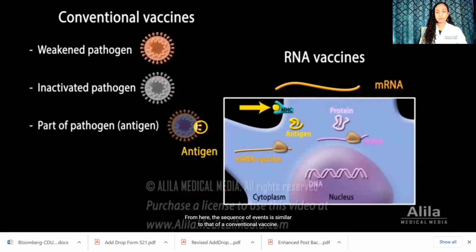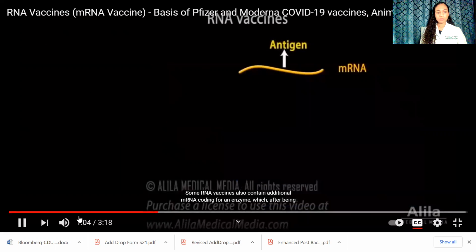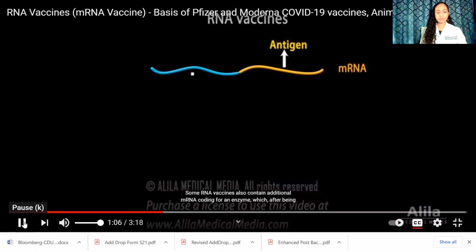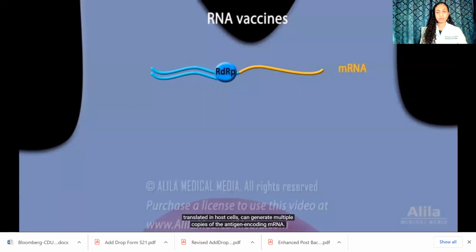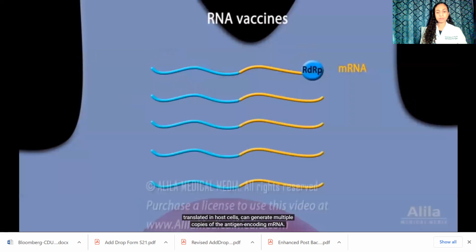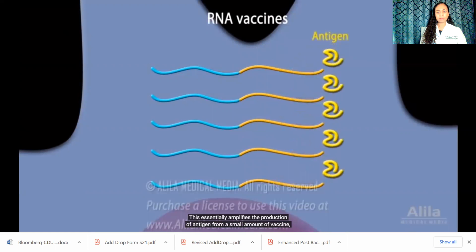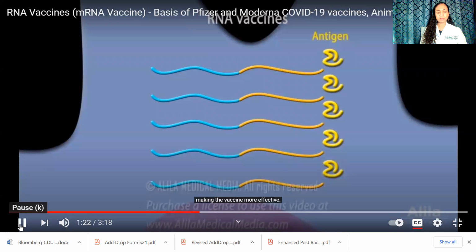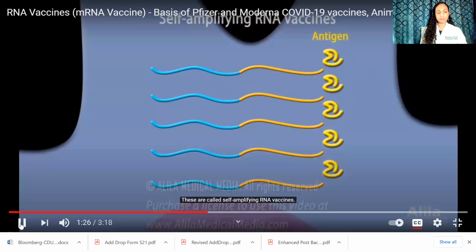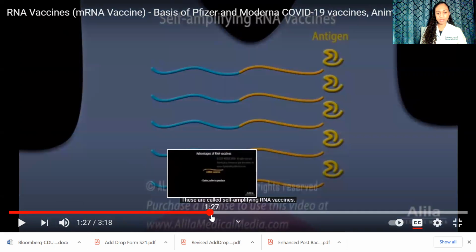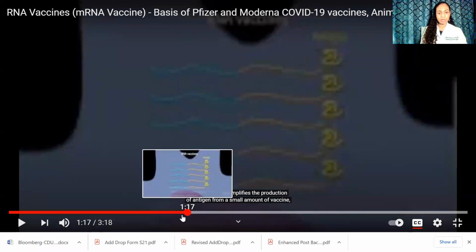From here, the sequence of events is similar to that of a conventional vaccine. Some RNA vaccines also contain additional mRNA coding for an enzyme, which, after being translated in host cells, can generate multiple copies of the antigen encoding mRNA. This essentially amplifies the production of antigen from a small amount of vaccine, making the vaccine more effective. These are called self-amplifying RNA vaccines.